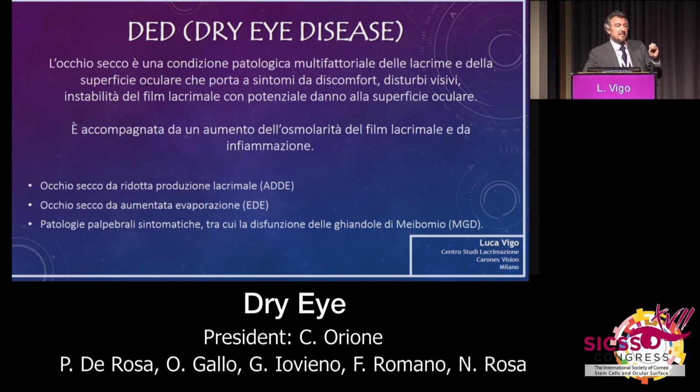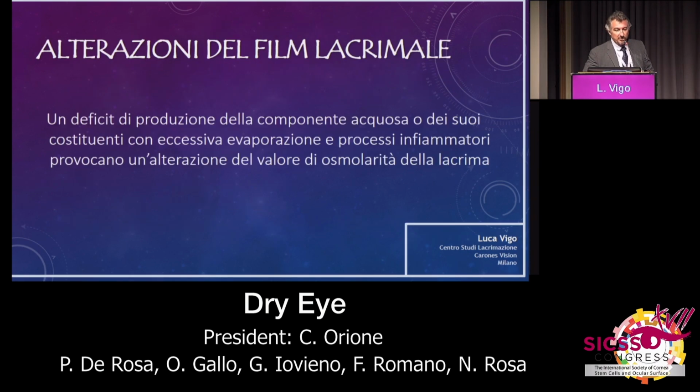What we try to do, when we have a patient complaining about this disturbance, is consider the aqueous component, or there might be an excess of evaporation, very often also associated with a dysfunction of the meibomian gland.